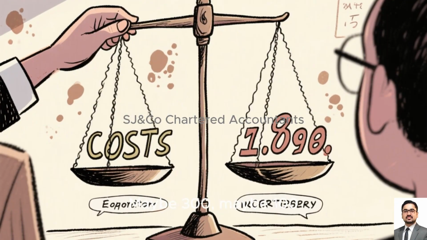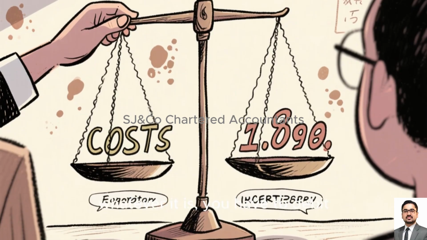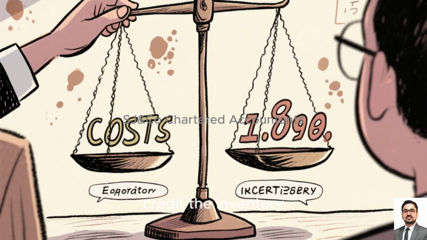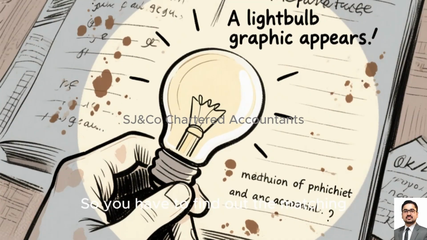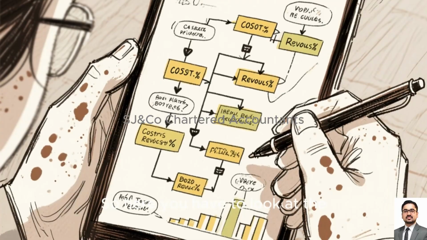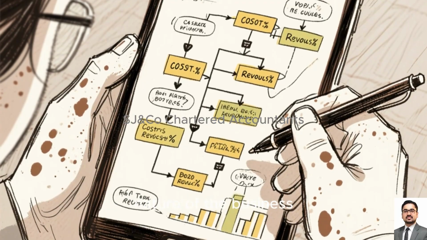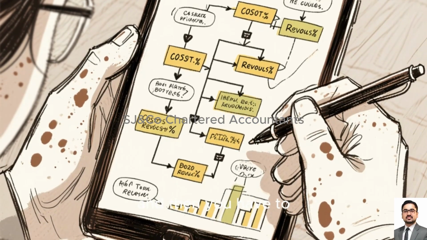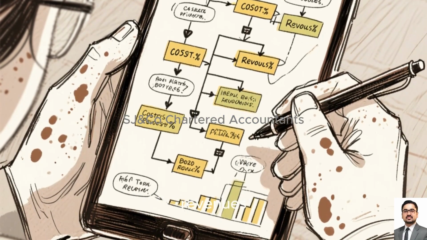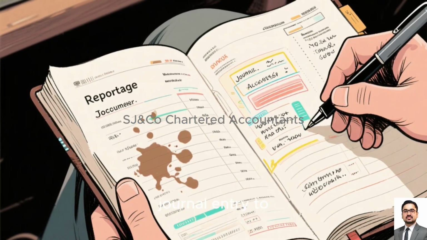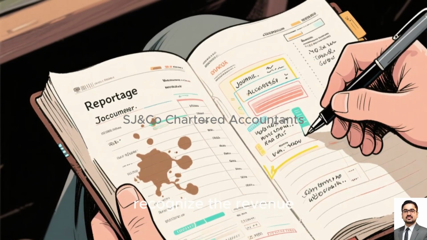Maybe 300, maybe 100, whatever it is, you have to debit the cost of sales and credit the inventory. So you have to find out the matching principle, right? So here you have to look at the nature of the business, how the costs are incurred, and then you have to match the costs with the revenues. Alright, so this is the journal entry to recognize the revenue.